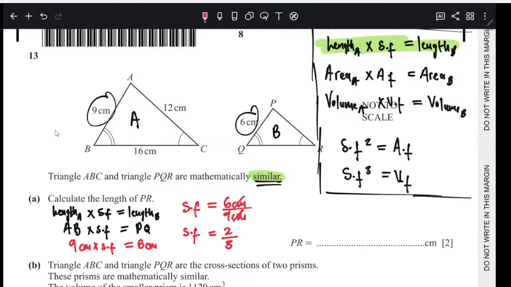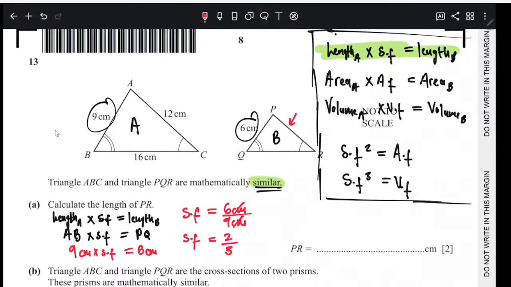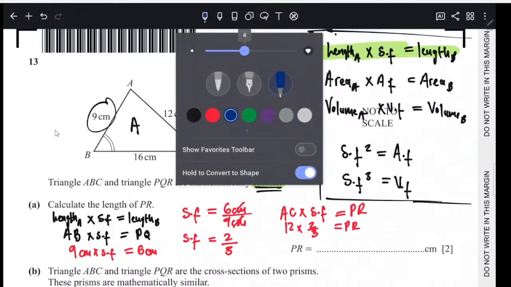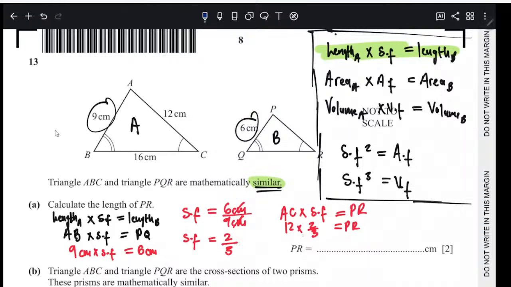Now, that's the same thing you use to find PR. Because you say, what is the length here? It's AC. So you're going to say AC times the scale factor should give you the length on PR, which is PR. What is AC? 12 times what's the scale factor? 2 over 3 should give you PR. Let's get the answer. You say 12 times 2, then divided by 3.